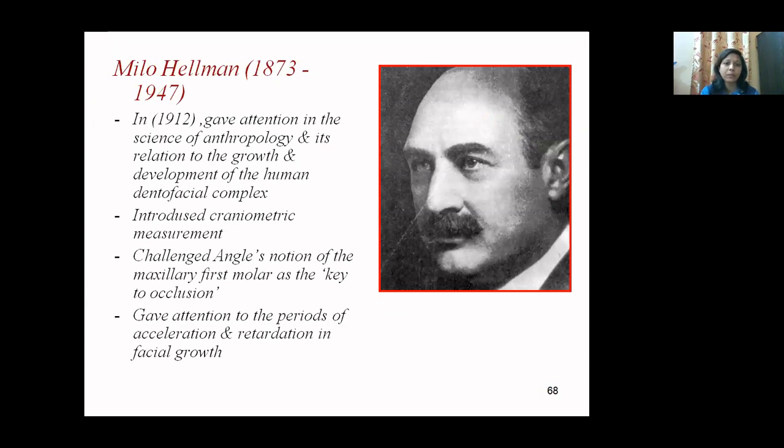He introduced craniometric measurement and challenged Engel's notion of the maxillary first molar as the key to occlusion. He also gave attention to the periods of acceleration and retardation in facial growth that we know as growth spurt.